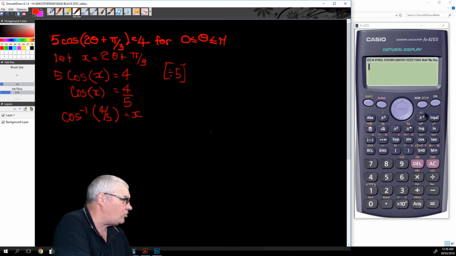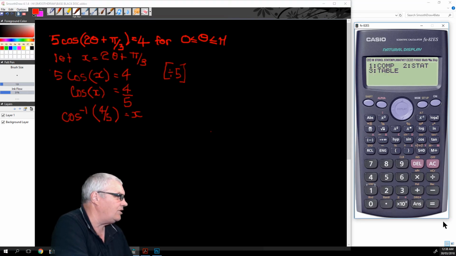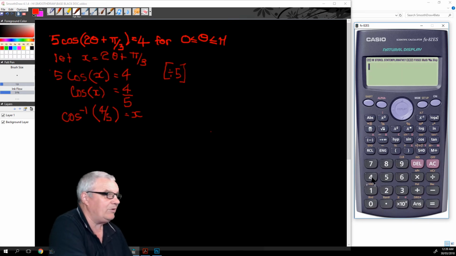Just make sure that we've got the mode right: shift mode, make sure it's in radian mode, because we're working in radians now.